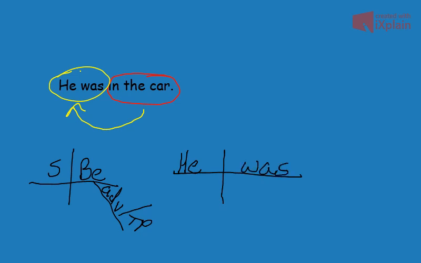So was is going to be diagrammed as the be verb, he is the subject, and in the car has to be diagrammed under the verb because it is explaining where he was. So it's modifying the verb itself.